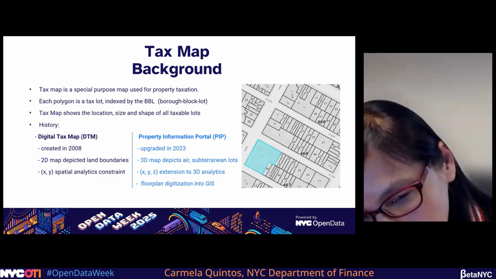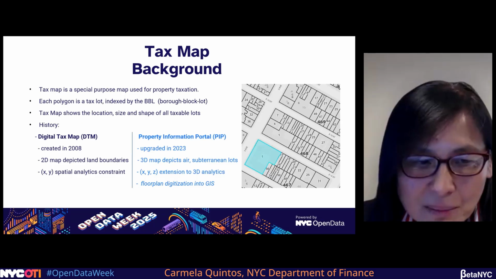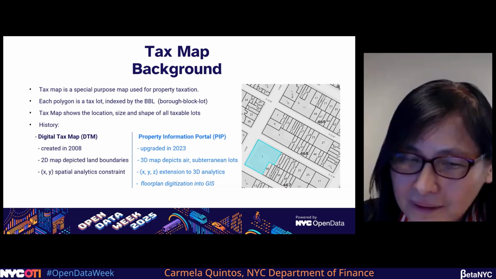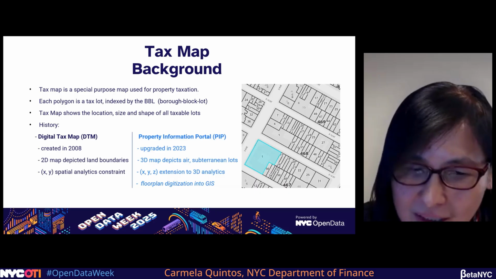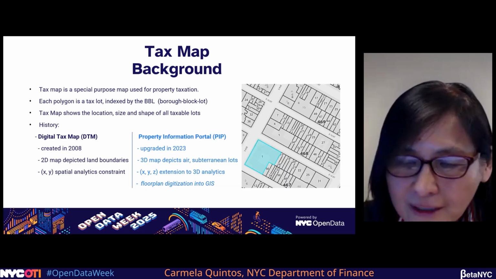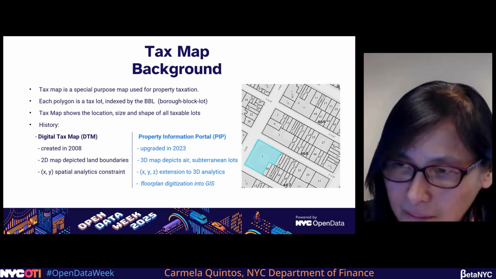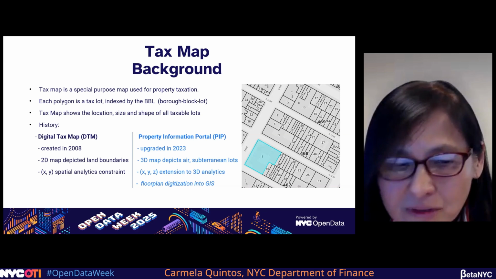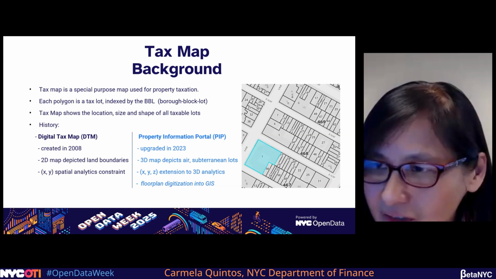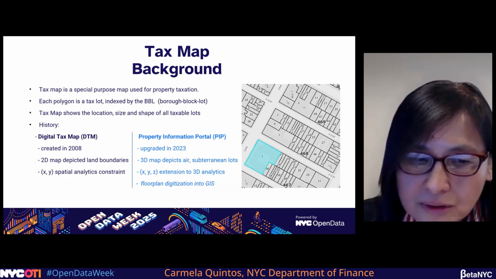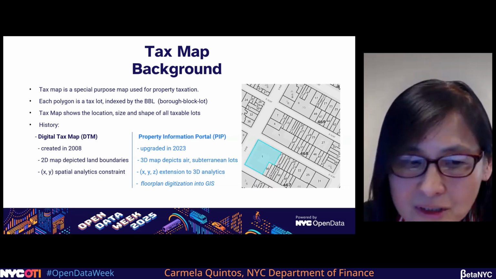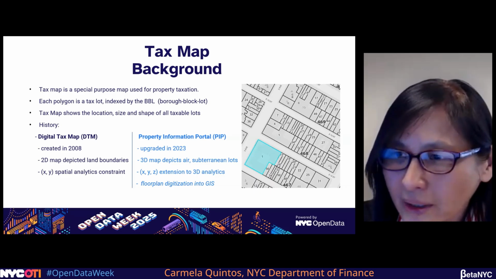So the original digital tax map was a 2-dimensional map, which means that it's restricted to an XY coordinate system. So the map is just basically showing the land boundaries of all the properties. And being restricted to a 2-dimensional system, that means all spatial analytics are limited to 2-dimensional analytics. Spatial models are limited only to the XY coordinate.